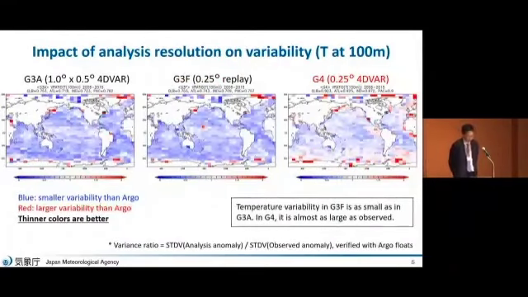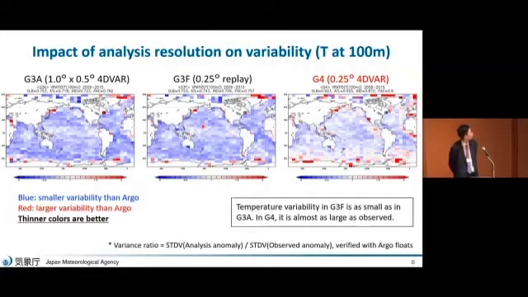This is another result, impact of analysis resolution on temperature variability at 100 meter depths. So the current system, G3, is the 2 panels on the left. The color shows variability of analysis divided by variability of observation.